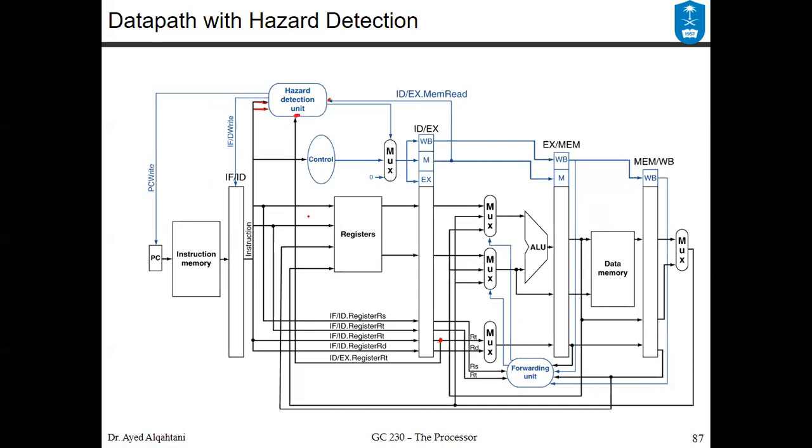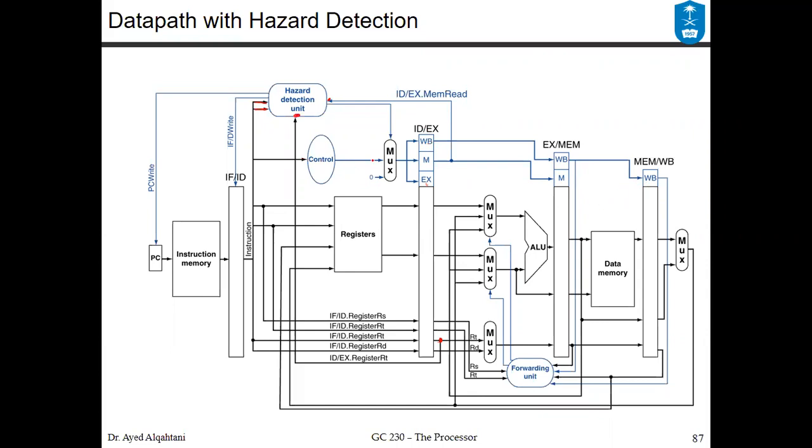And once this is correct, you supply the control with 0. So this way you make the write back, the memory, and the execute, and this pipeline register zeros, and here, and also here.